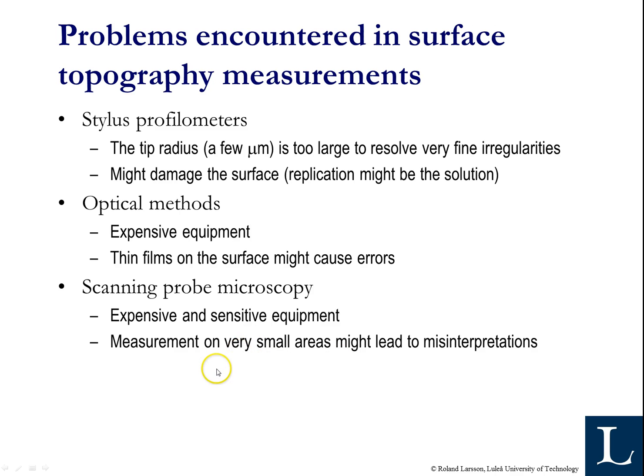Scanning probe microscopy is much more sensitive and much more accurate, and can give you much more detail. On the other hand, it can be even more expensive, and it's also very sensitive. The operator must be trained pretty well before it can be used, and the very small measurement spot creates problems, because you may misinterpret the surface roughness if you just measure a very tiny spot of 1 micrometer.